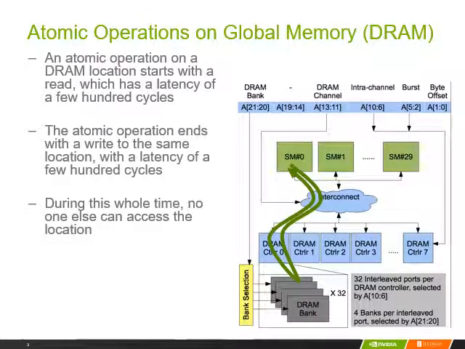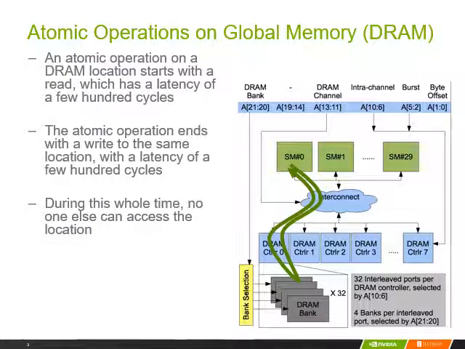This slide shows some important details of atomic operations on global memory or DRAM. An atomic operation on a DRAM location starts with a read. On the right-hand side of the slide, we show the access path for that memory read. It comes out of the streaming multiprocessor through the DRAM channel into the DRAM bank, and the value needs to be accessed and travel through the DRAM channel back into the streaming multiprocessor.